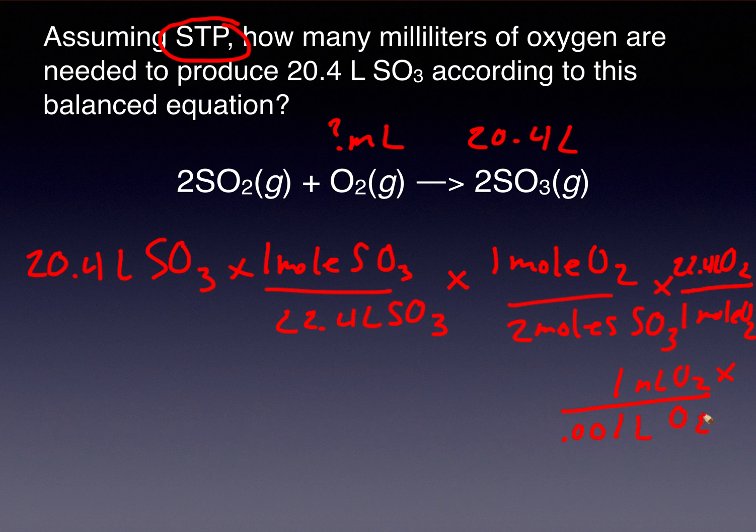So we calculate this, 20.4 divided by 22.4, hit equals, divided by 2, times 22.4, and then divided by 0.001, and we get a pretty big number. We get 10,200, or 1.02 times 10 to the 4th milliliters of O2.